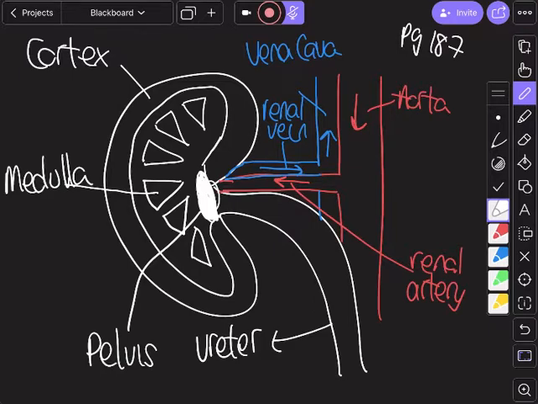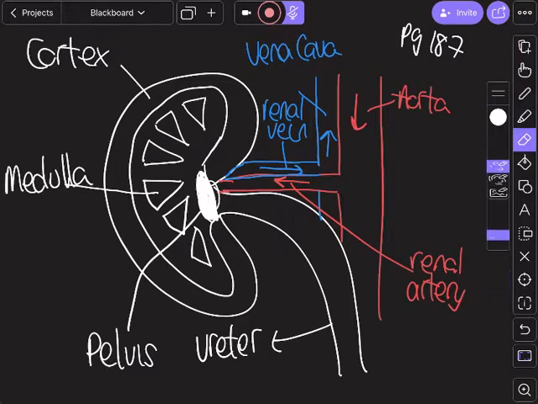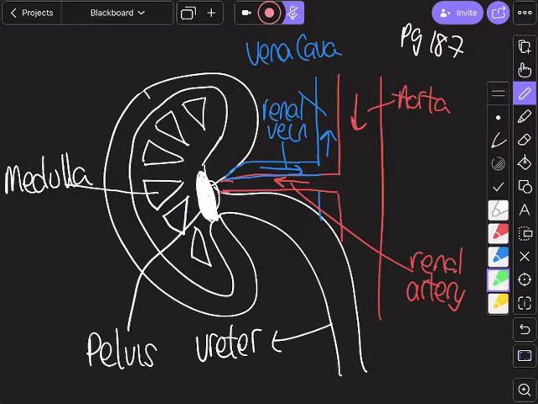Now we have to know about the jobs that our cortex does. So I am going to move this down ever so slightly for myself. You hopefully have more room on your page. So I'm going to put my cortex here. So that's this bit here.